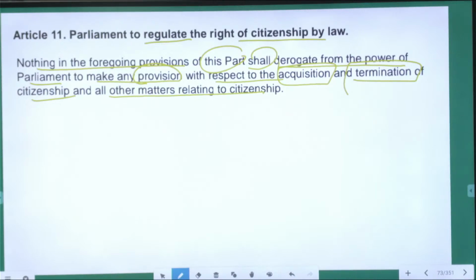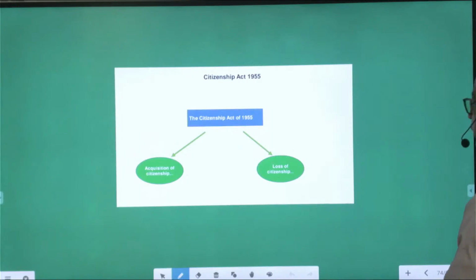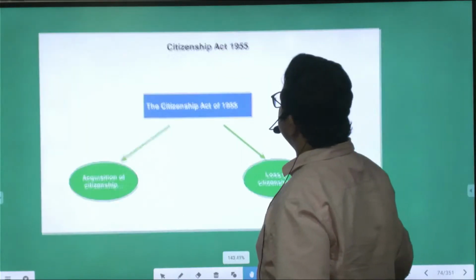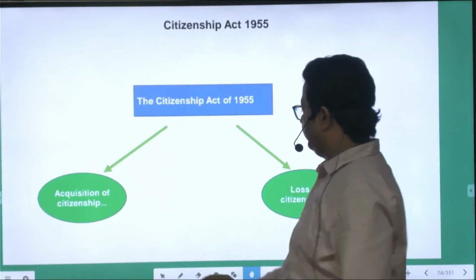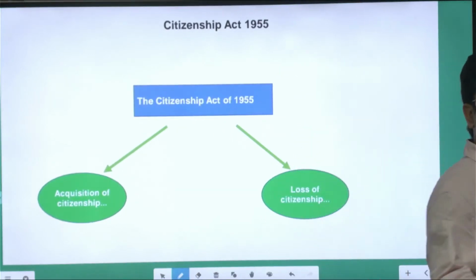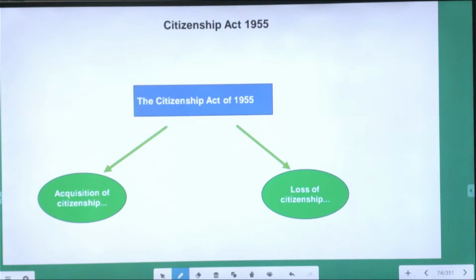So Parliament, using the power given by Article 11, has come up with an act known as the Citizenship Act 1955.